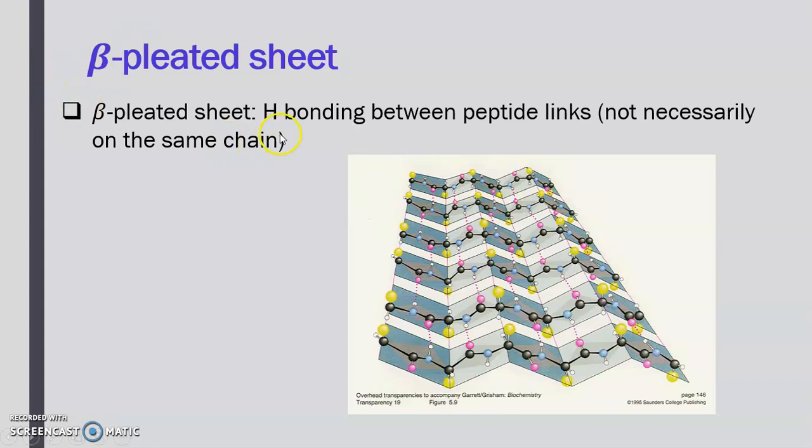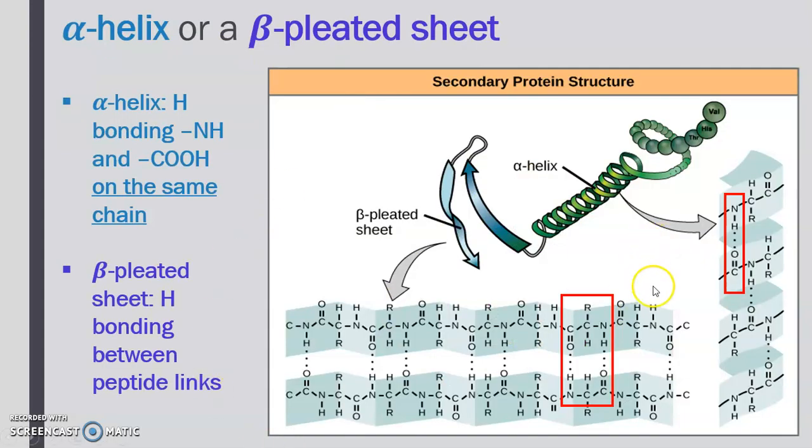Or sometimes there can just be hydrogen bonding between peptide links, not necessarily on the same chain. Sometimes it can be different chains, but it can still be on the same chain. It just happens in a parallel fashion, rather than in a coil fashion. This picture shows a clearer view of it. So you can see the beta pleated sheet.